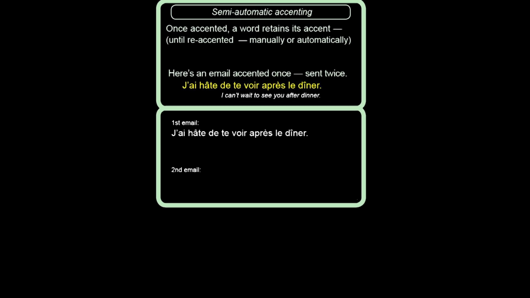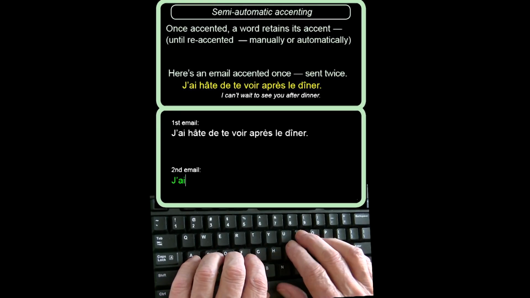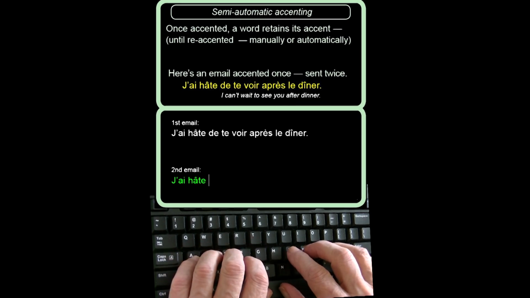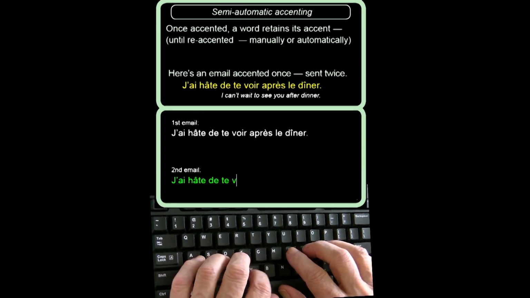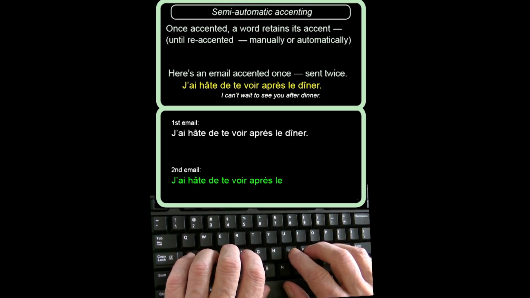But in the second email, those accents are applied automatically. Since accented words accumulate in a database for each Windows user, a personal dictionary becomes available very quickly.